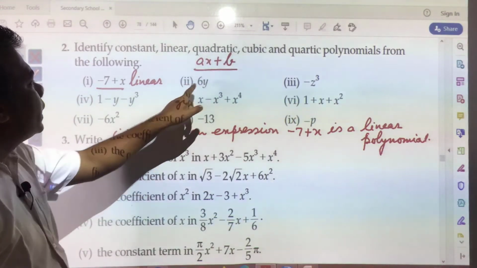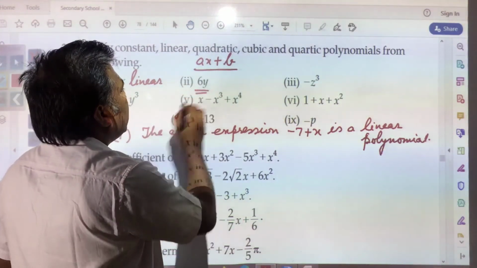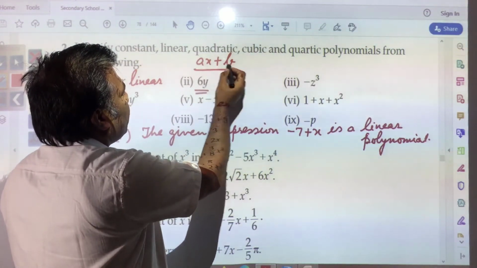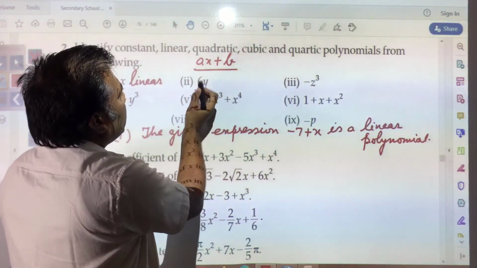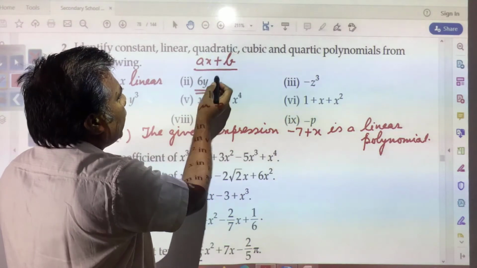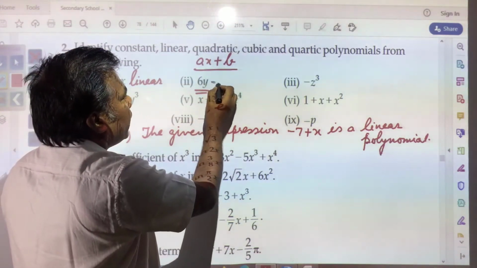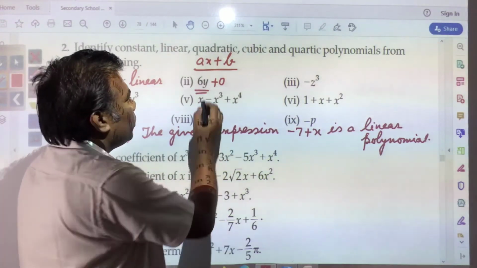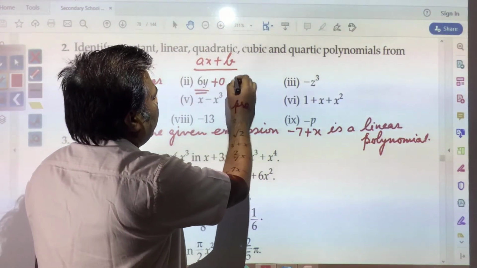Next you see 6y, again here you have y to the power 1. So this is also in the form of ax plus b. Why? Because in place of ax you have 6y, in place of b you have 0. It can be written like this also, 6y plus 0, and that is why this is a linear polynomial.